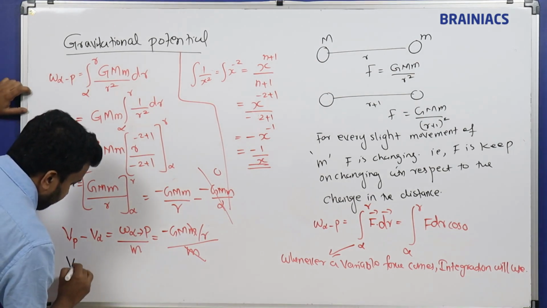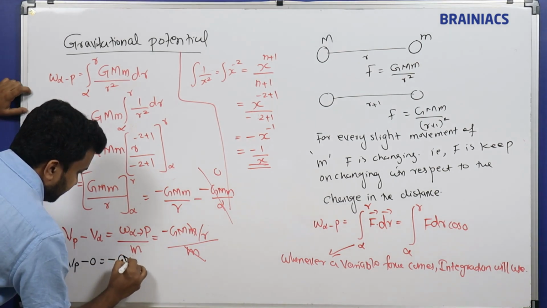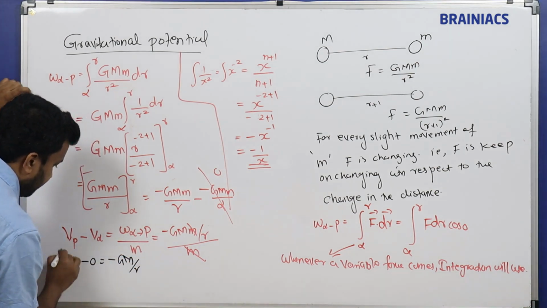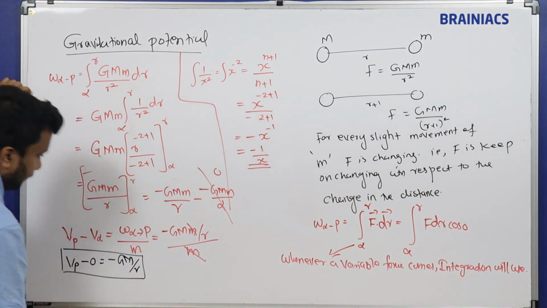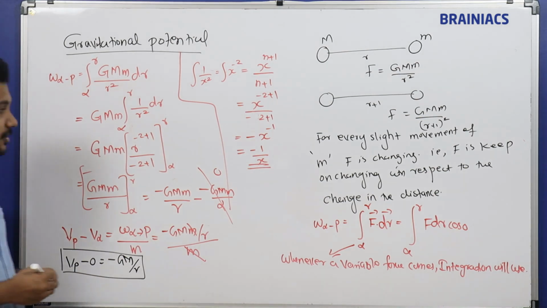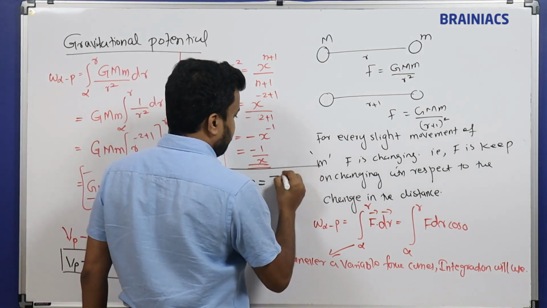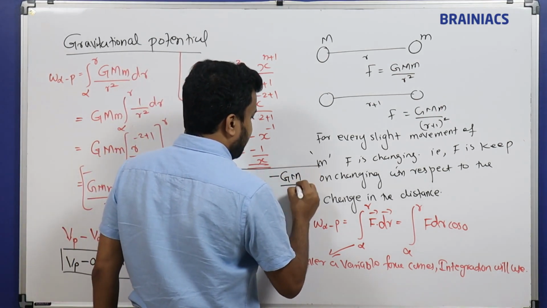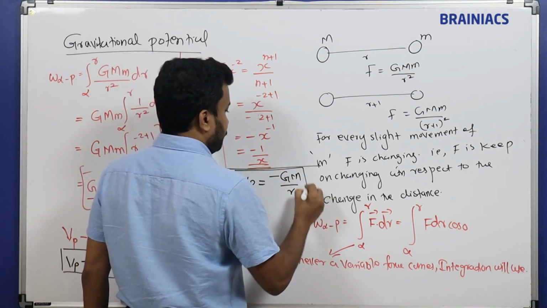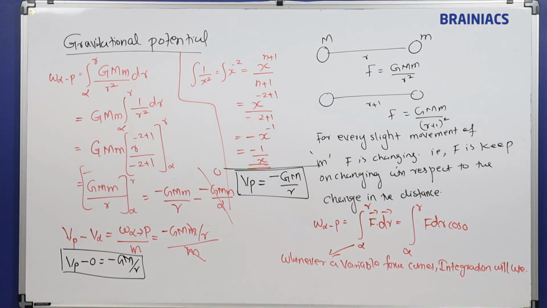The potential at P, with potential at infinity being 0, is equal to minus GM divided by r. Capital M, not small m, the small m is already cancelled. So in short, I can write the potential at P is equal to minus GM by r. This is very important.